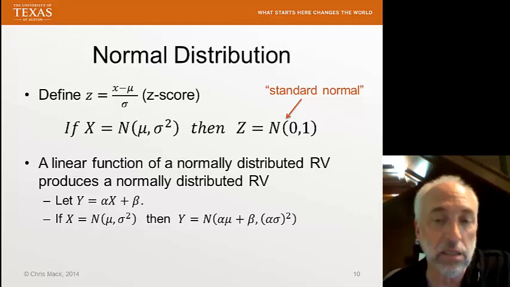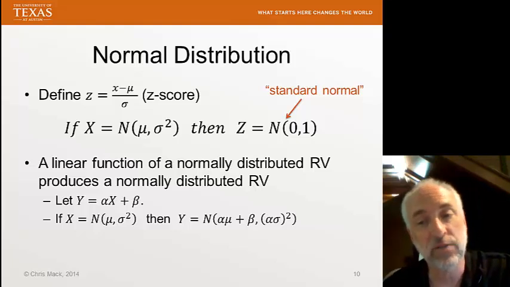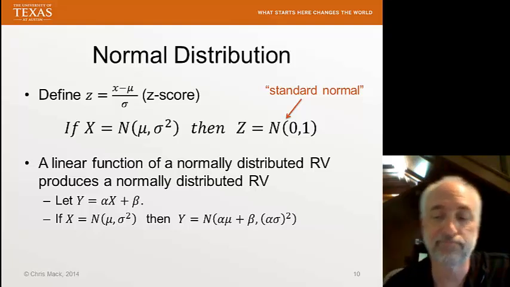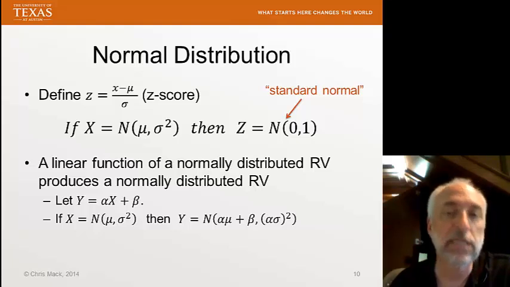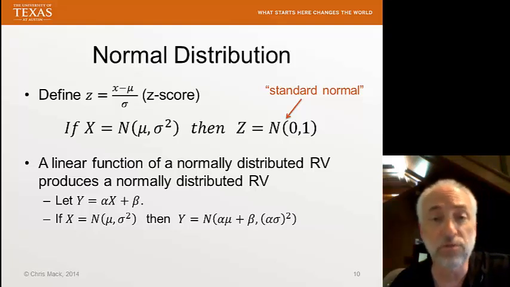Its mean will be alpha mu plus beta, and its variance will be alpha times sigma quantity squared. Since linear functions of random variables occur quite frequently, this is a quite useful identity to remember.